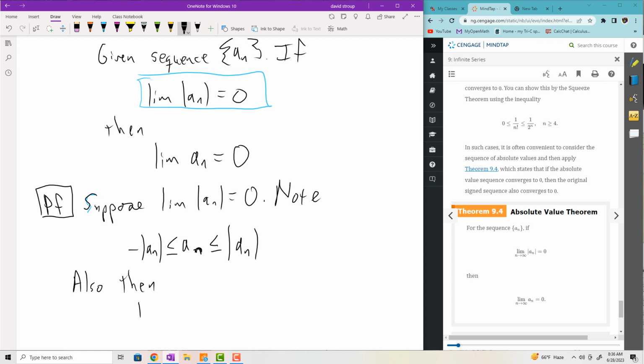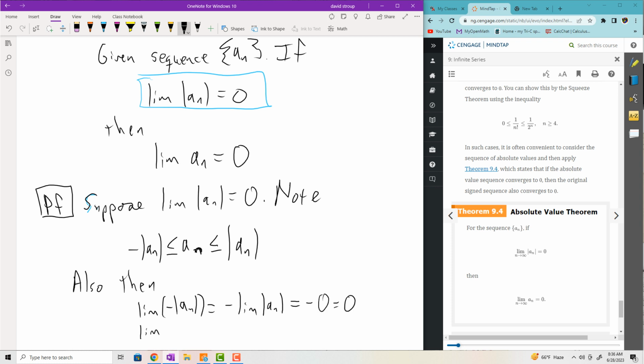Then you can take a look at the limits of the outside parts, right? So the limit of the negative of the absolute value of a sub n, you could factor the negative out, and you get the limit of the absolute value of a sub n. And then from the supposition above, that's just equal to -0, which of course is just 0.